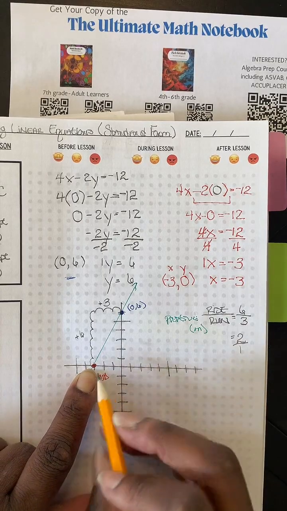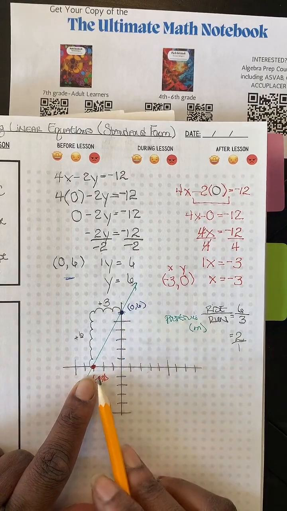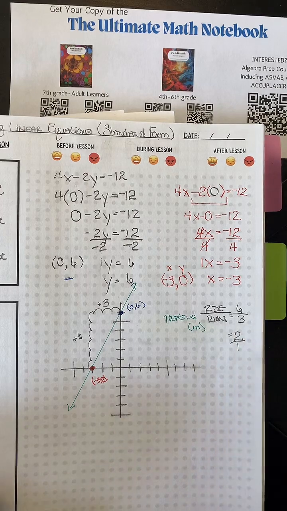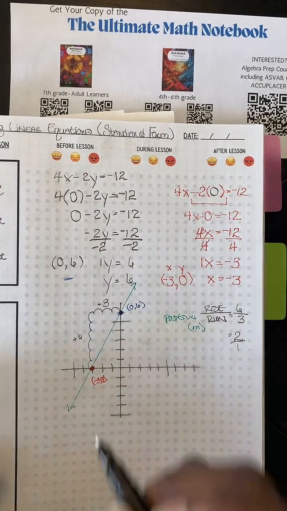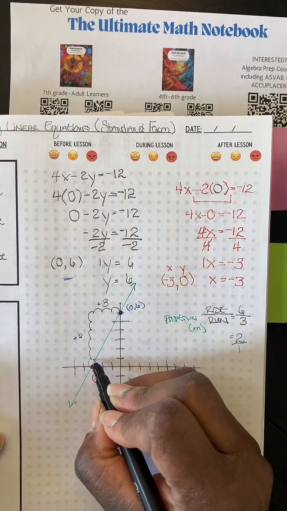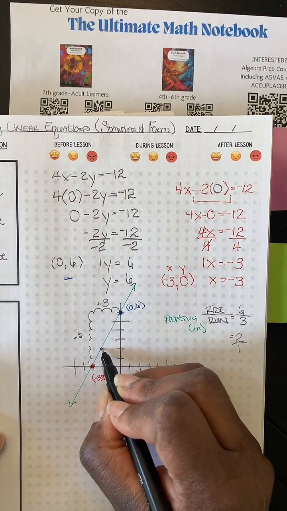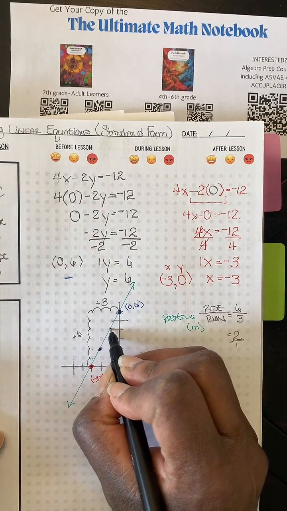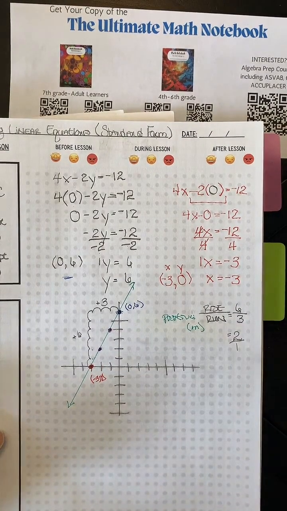So that means if I wanted to find a point on this line, I can use this rule, 2 over 1. Let me grab my purple pen. If I start here and I go up 1, 2, and over 1, that's a point on the line. If I go up 1, 2, over 1, that's a point on the line.